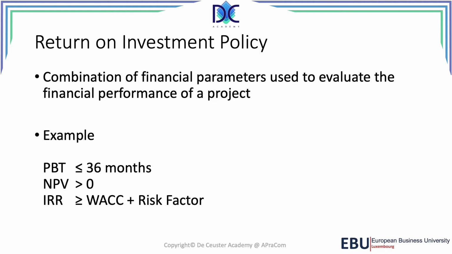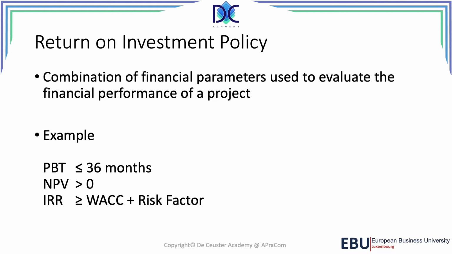Now be careful when we're looking at a program, a combination of projects that are necessary for the program. We have to look at these parameters related to the program, and we may have some projects that do not really comply with these elements, but they're essential for the program.